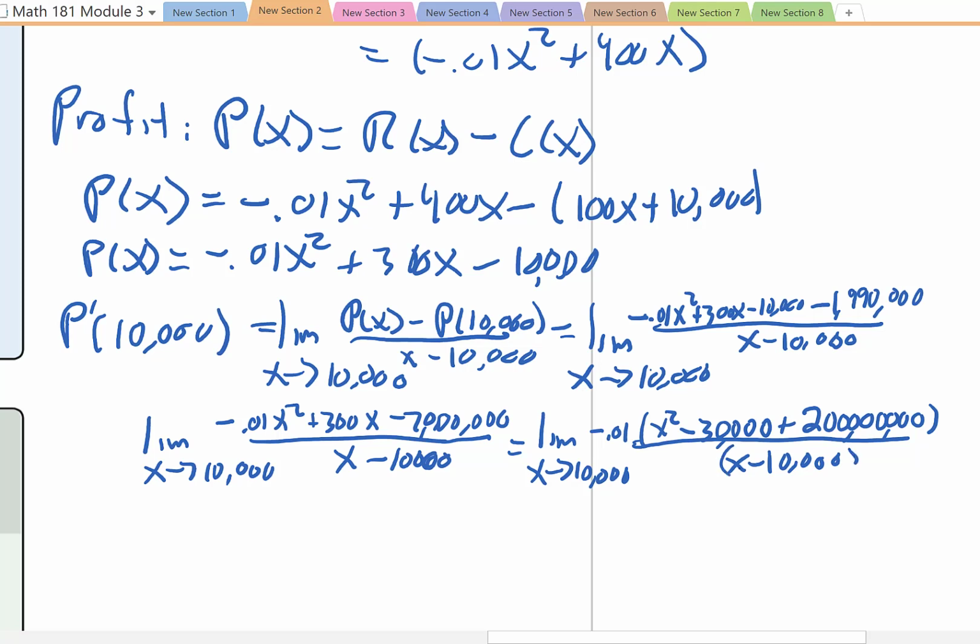So I'm pretty sure it's going to have to work out that x minus 10,000 is a factor, so negative 0.01 times, so it should be an x minus 10,000 as a factor. Let's see what the other one's going to be.